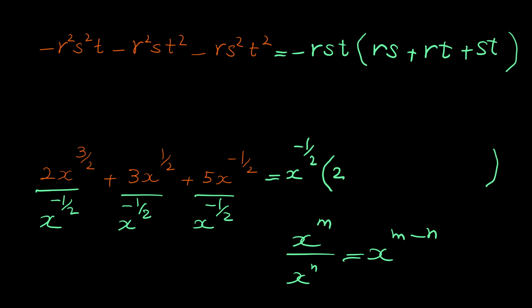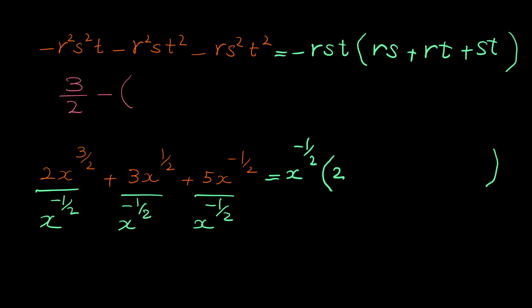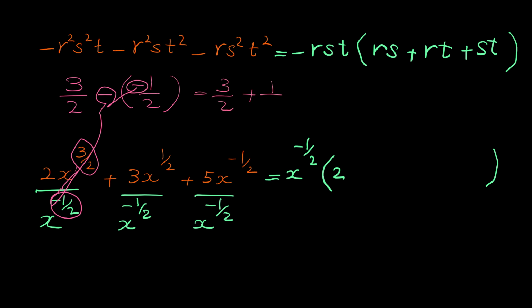Based on this rule for dividing powers, we have to subtract the power of the bottom from the power in the top. So basically, we have 3 over 2 minus negative 1/2. Negative times negative is plus, so 3 over 2 plus 1 over 2 is 4 over 2.